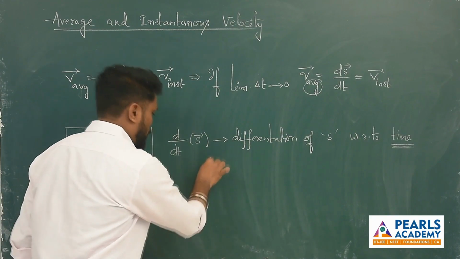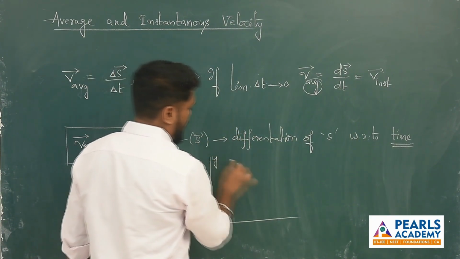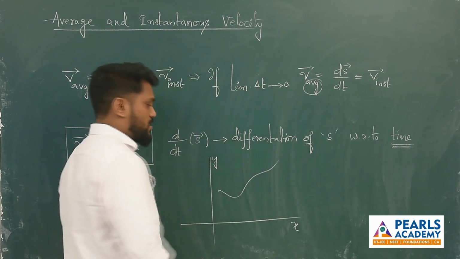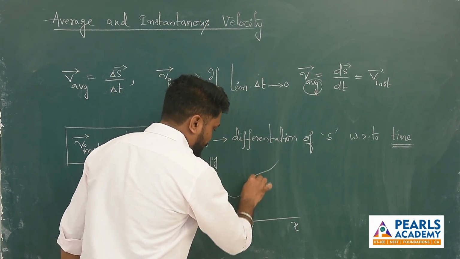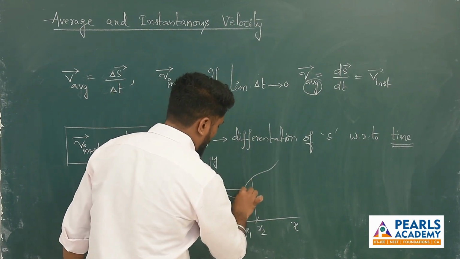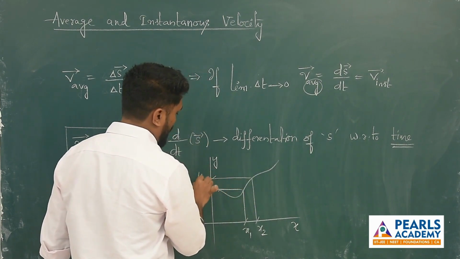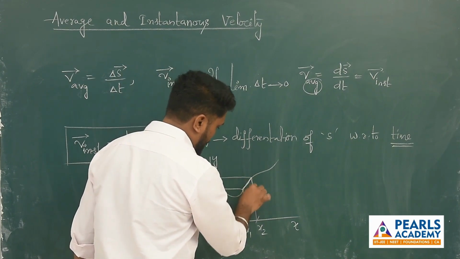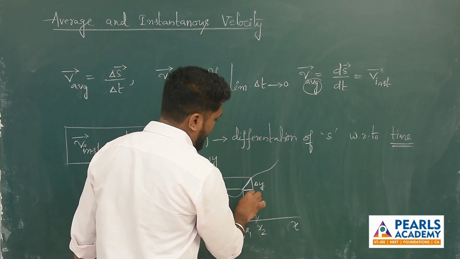As we know, the slope of the graph s versus t, or the slope of any general graph in the xy coordinate system, we can write as follows. Let's take x1 and x2. Corresponding to x1, the value of the y coordinate is y1, and the y coordinate for x2 is y2. If I take this as a single small straight line, this becomes delta y, and this becomes delta x.